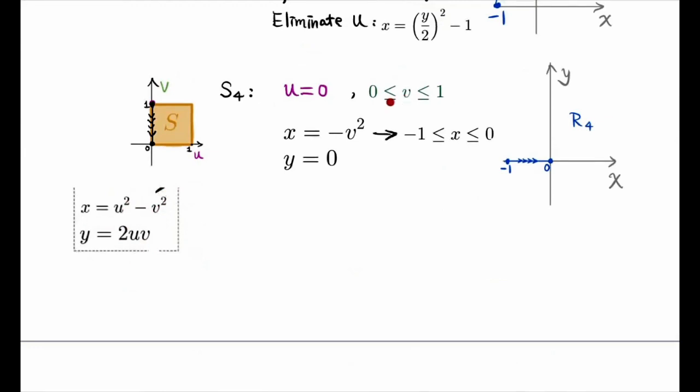Because v is greater than or equal to 0, less than or equal to 1, x is going to be greater than or equal to negative 1, less than or equal to 0. The graph of this is this nice segment, x greater than or equal to negative 1, less than or equal to 0, and y is equal to 0. Let's call this nice segment here R4. So S4 is being mapped to R4 on this xy plane.